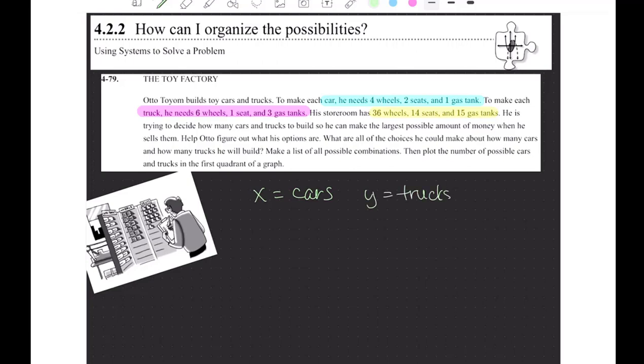So we're going to try and list out coordinate pairs, like X's and Y's, because we are going to make both cars and trucks.